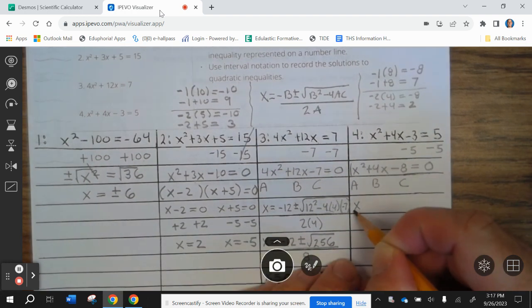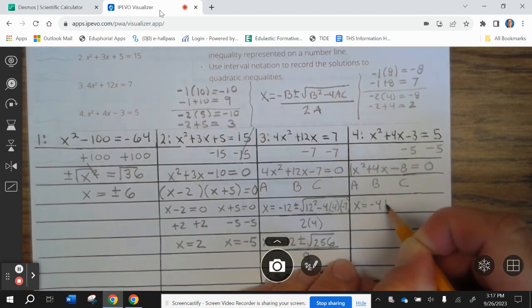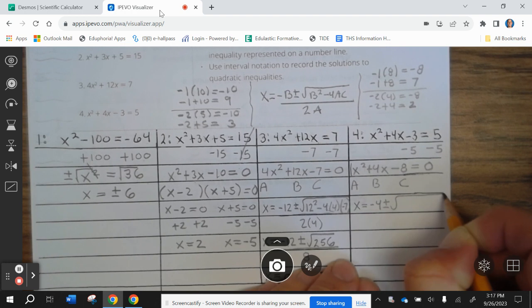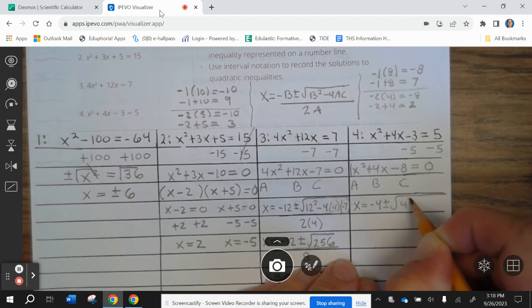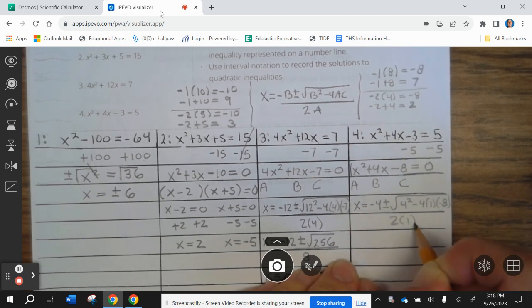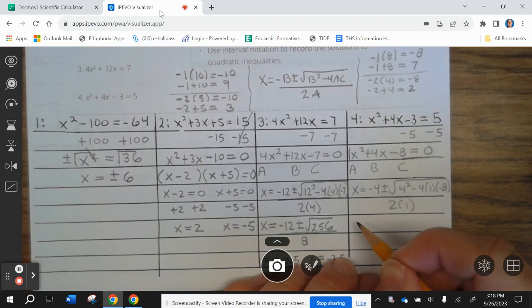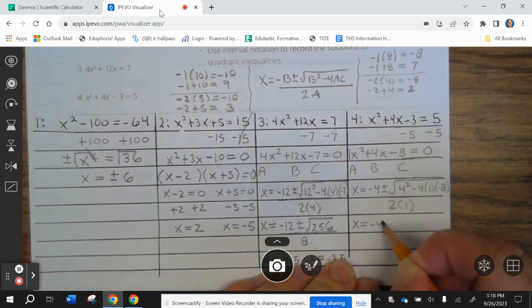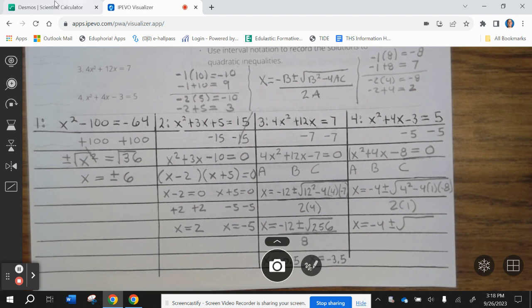So x equals negative 4 plus or minus the square root of 4 squared minus 4 times 1 times negative 8, divided by 2 times 1. Let's go ahead and plug in what's underneath the square root.